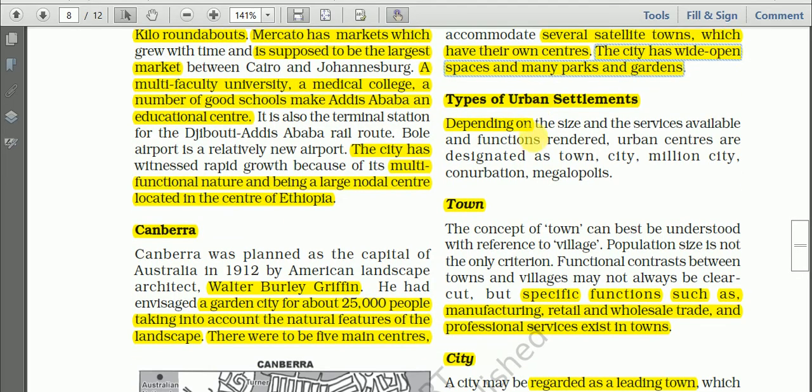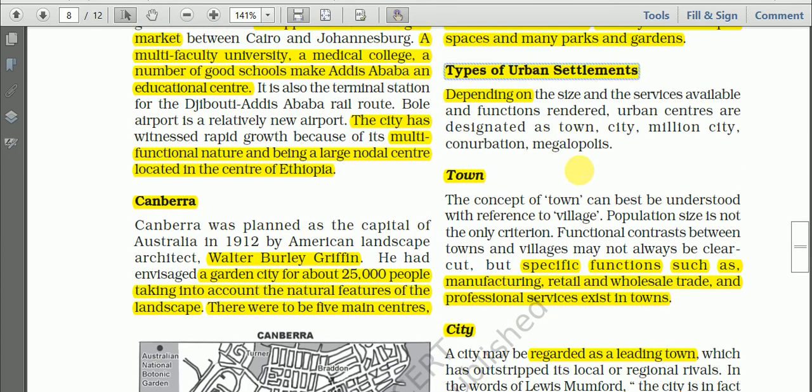Types of urban settlements. Again, this is another classification of urban settlements. Depending on the size, the services available and functions rendered, urban centers are designated as town, city, million city, conurbation, megalopolis.